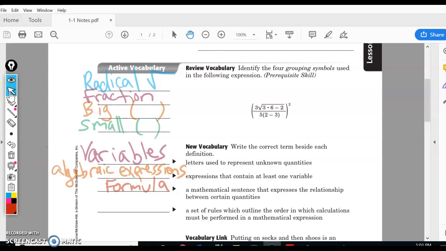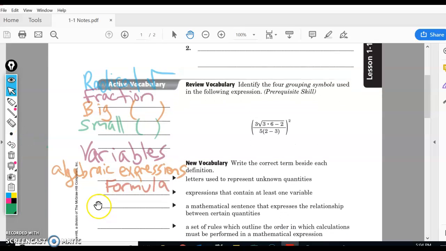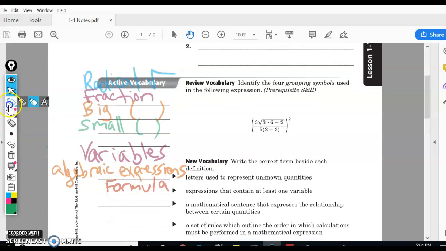And lastly, a set of rules which outline the order in which calculations must be performed in a mathematical expression. I like to call that the order of operations, or PEMDAS. Where P stands for parentheses or any type of grouping.